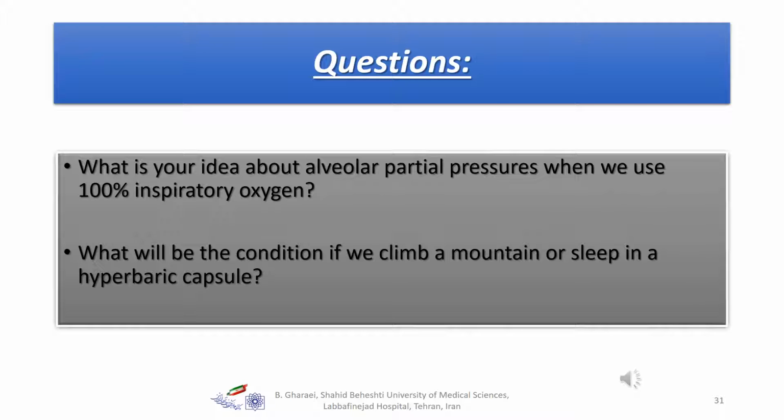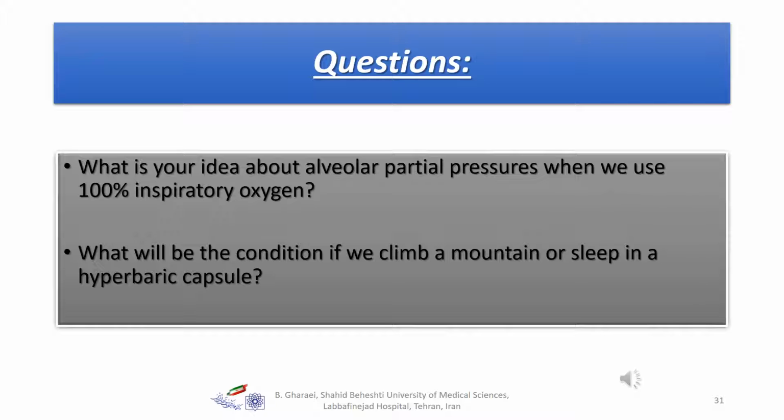For instance, a patient is intubated and is consuming 100% oxygen, or he or she has a face mask with a reservoir bag and high flow oxygen, which will cause them to consume nearly 100% oxygen. So what would be the partial pressure of gases in your alveoli in that condition?